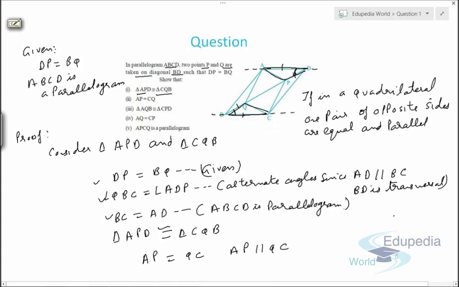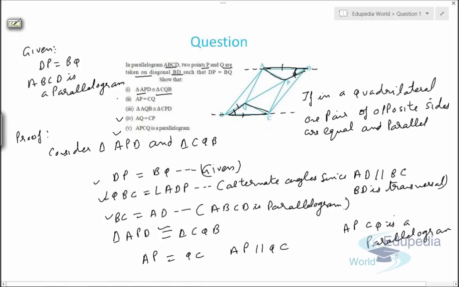So we can say that APCQ is a parallelogram. So this proves this part and this part also.